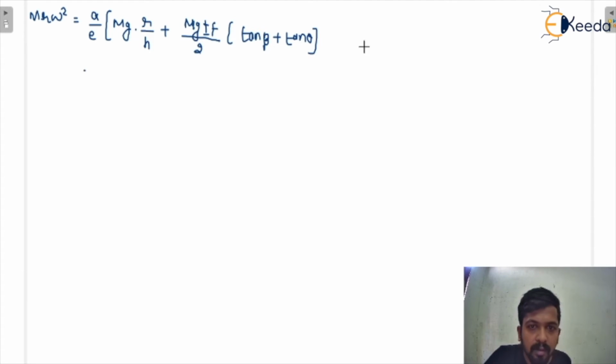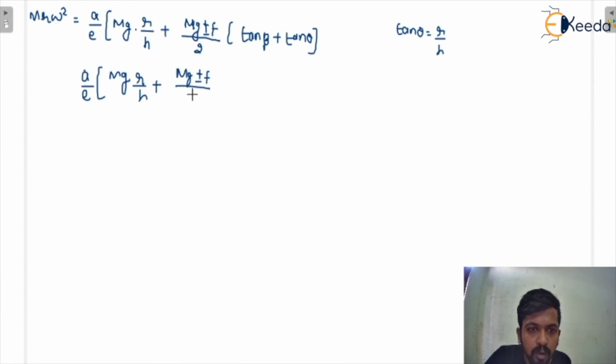Now see here, we all know tan theta is equal to r by h, yes or no? So if I take tan theta common from this bracket, what will you get? a by e, mg r by h plus capital (mg plus minus f).